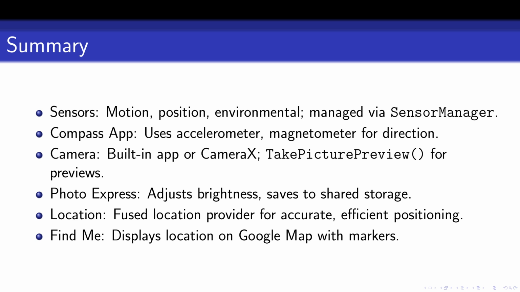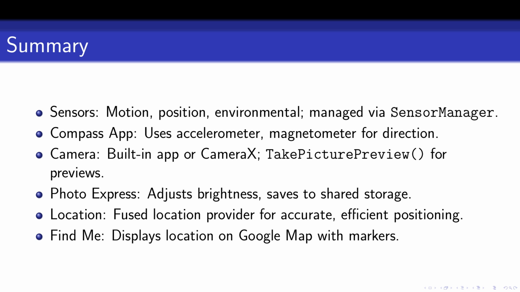Finally, we developed the Find Me app, which integrated the Google Maps SDK and the fused location provider to track and display the user's current position. Through the use of CameraUpdateFactory, CameraPositionState.animate, and Marker, we gave users a dynamic, interactive way to visualize their location in real time.